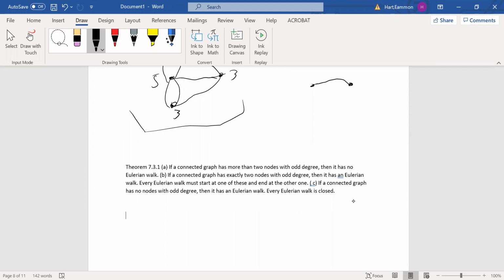If a connected graph has exactly 2 nodes of odd degree, then it has an Eulerian walk. This is an example of that, obviously not a proof, an example. And if a connected graph has no nodes with odd degree, then it still has an Eulerian walk, but the walk is closed.